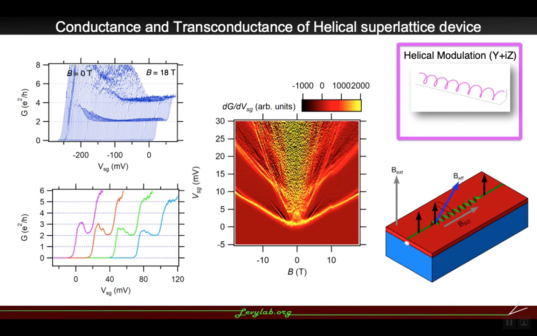Our thinking is that it may correspond to the spin-orbit magnet created by this pattern, and when combined with the magnetic field we applied, it gives an effective magnetic field not totally perpendicular to our current direction. So maybe that's a reason.